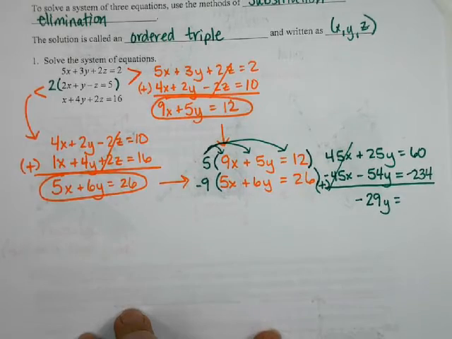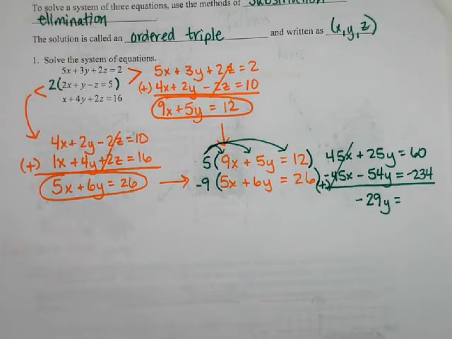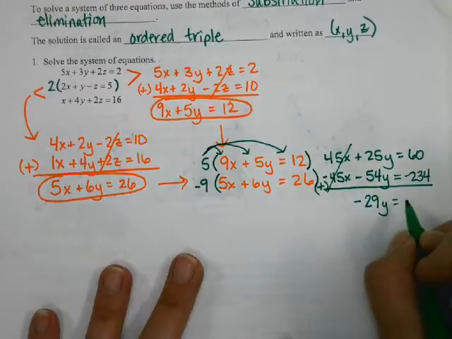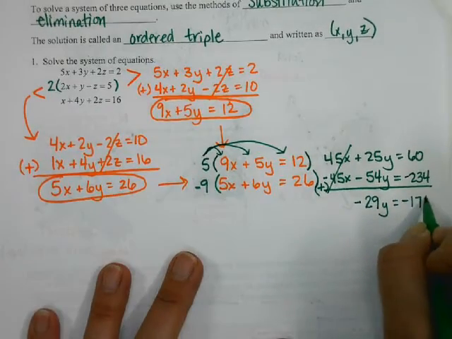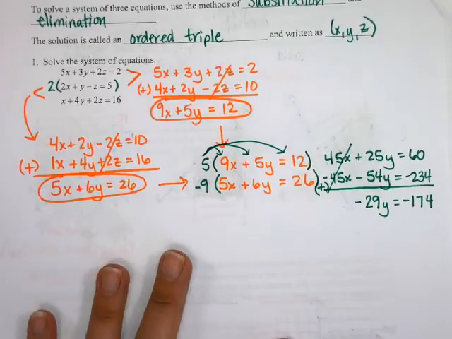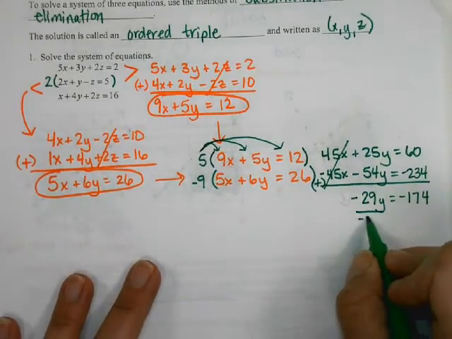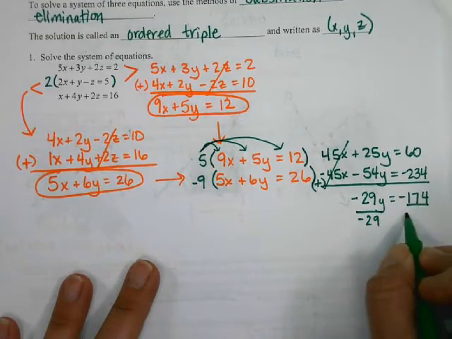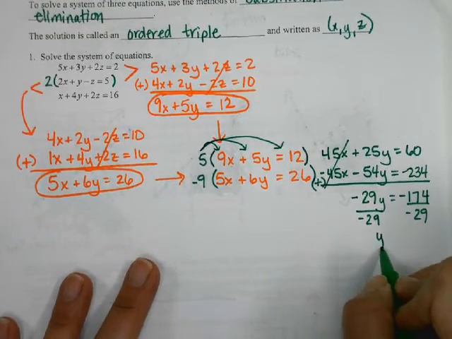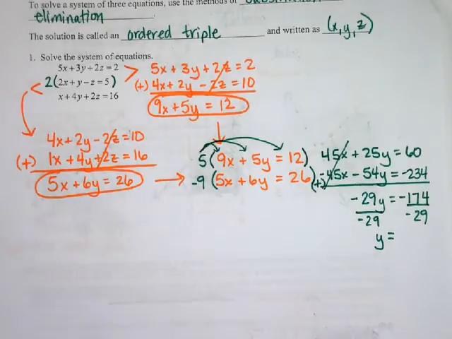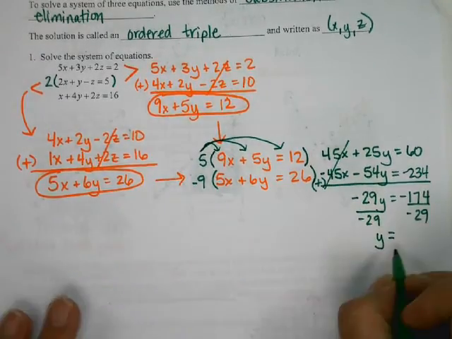I was saying negative 29. Oh, awesome. And then I have negative 234 plus 60, or 60 plus a negative 234. Divide by negative 29. Hey, look at that. It worked out nicely.